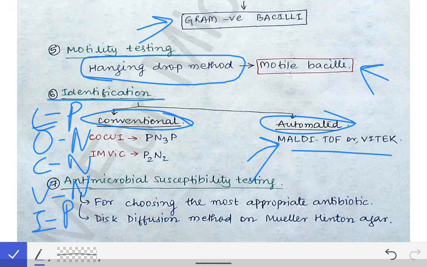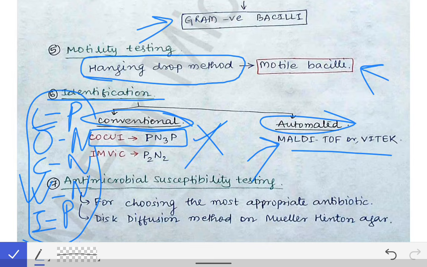So I have written P and 3N here, but in the exam you should not write this; it is just to remember. You should write in detail like this: catalase test positive, oxidase test negative, citrate test negative, urease test negative, and indole test positive.